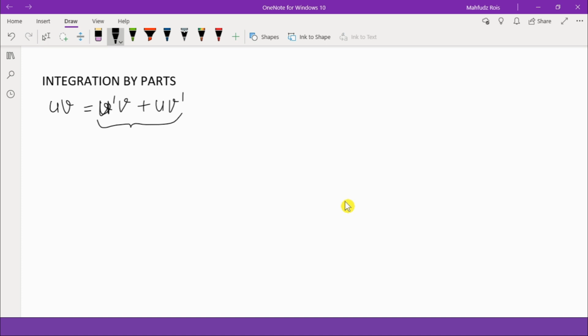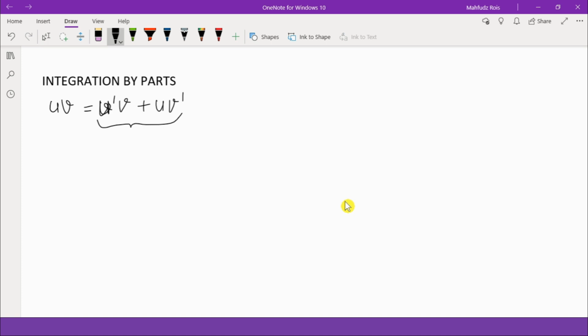So in order to find uv as the initial function, when you have u prime v plus u v prime as the derivative function, it means you need to integrate.